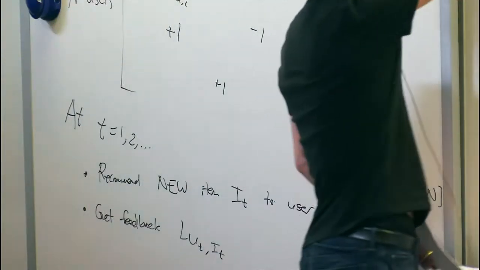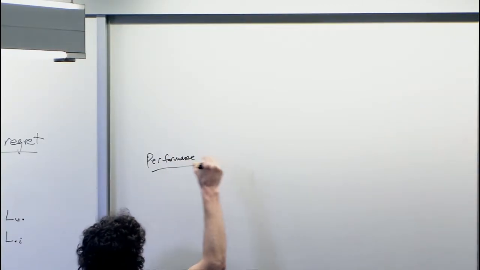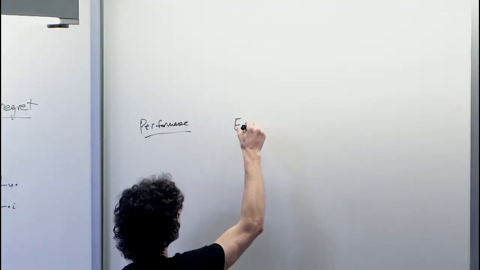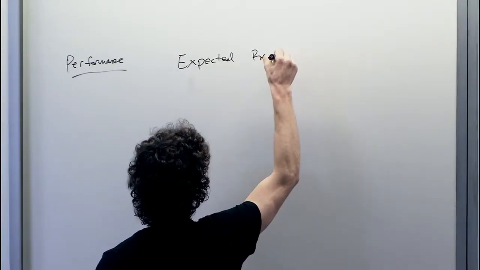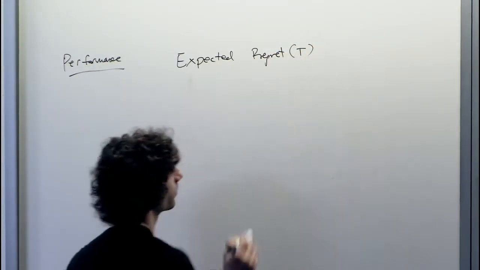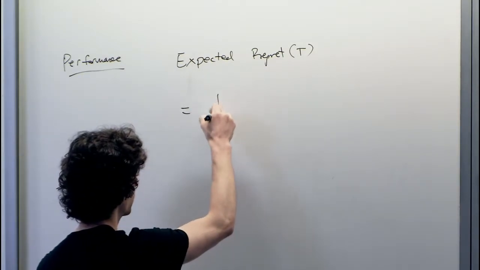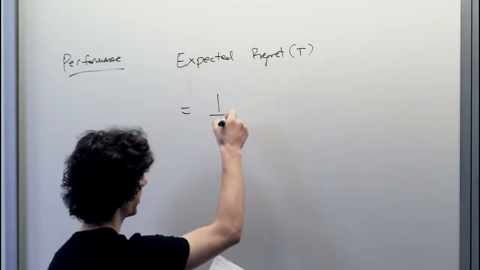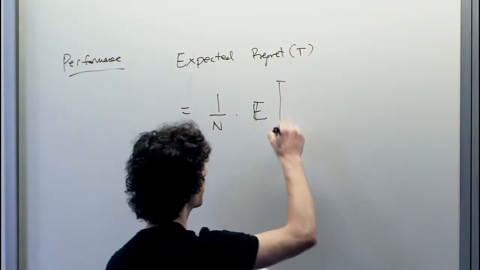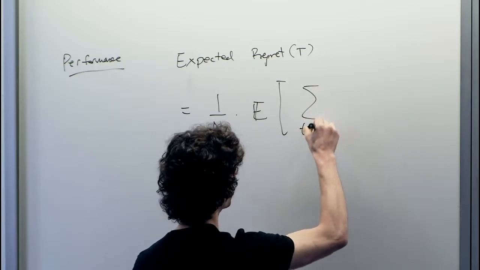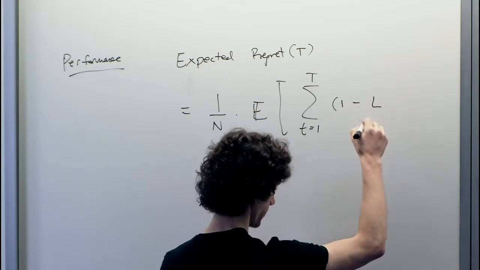How do we measure our performance? Expected regret is what we're going to use. At some arbitrary finite time t, the expected regret is, normalizing by the number of users, the expected value of the sum over all the times of 1 minus L_{u_t i_t}.